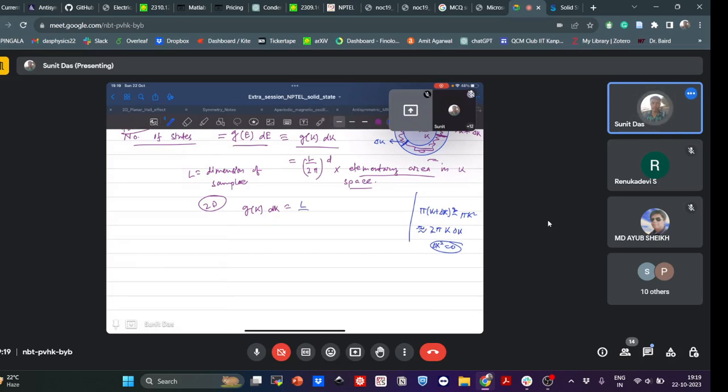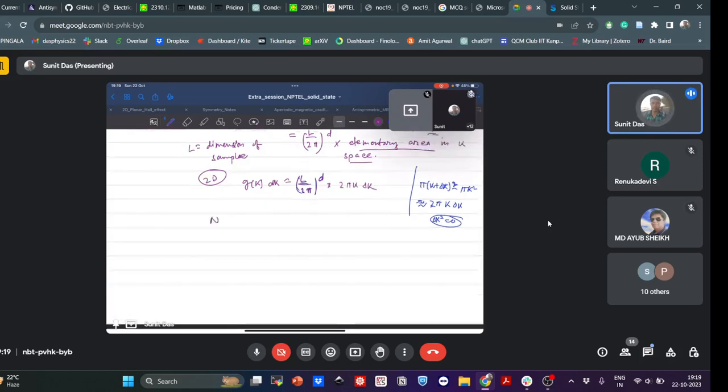So this is (L/2π)^d, and for 2D it will be 2πkΔk, right? So DOS we need to find.